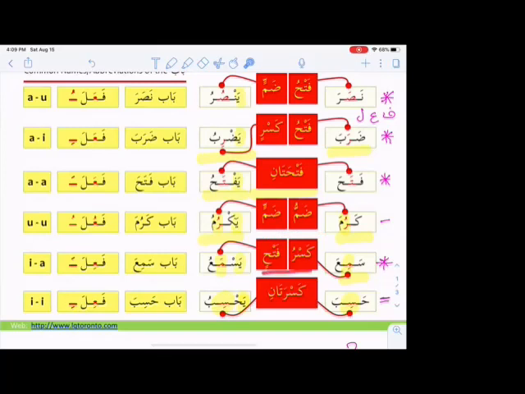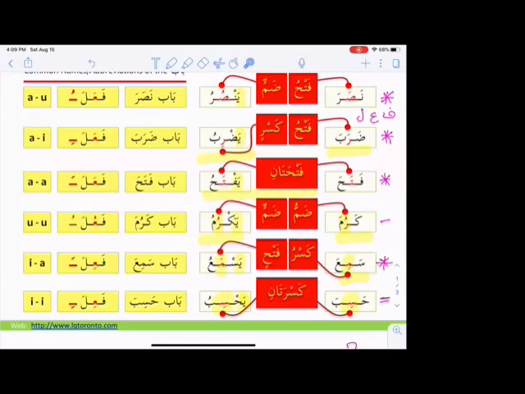Kasro fatahin, samia yasmau. Kasaratani, jiha. Kasaratani, hasiba yasabu. Fataho dammin, nasara yansuru. Fataho kasrin, daraba yadribu. Fatahatani.